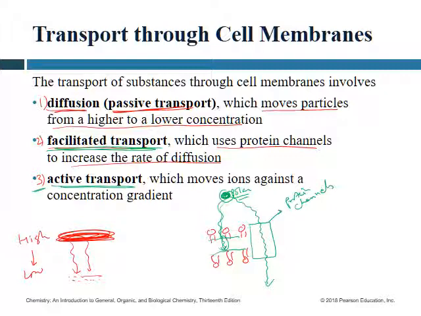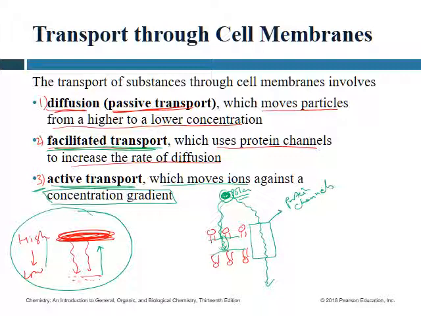Active means you need energy to transport the molecule, that is, it moves ions against a concentration gradient. What is meant by against? Let's assume the same example I told you over here. If I want to move the molecule from bottom to top, is it possible? No, because the normal way of movement is from top to bottom, from high concentration to low concentration.